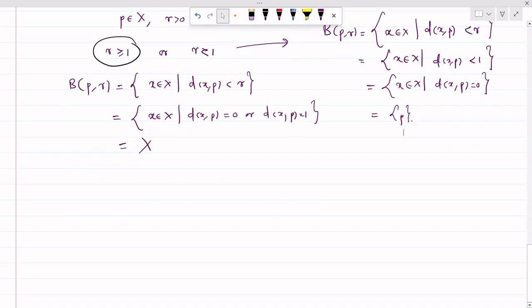Now one interesting fact about the discrete metric space is that if we take two different points and two different radii, then also we can find the same open ball. For example, suppose I'm taking radius as 2 and radius as 3, and here I'm taking X equal to R, and suppose I'm taking P as the point 1, and here I'm taking point P as 4.